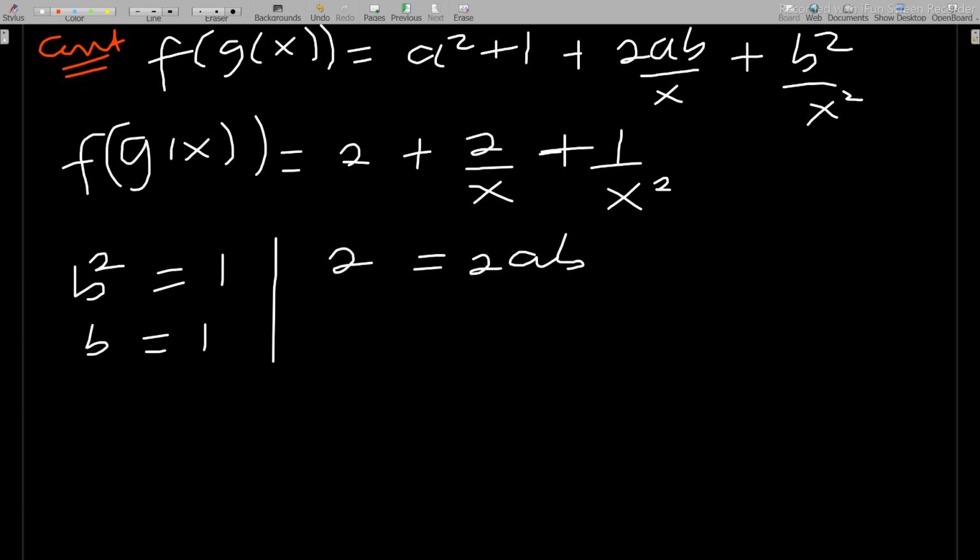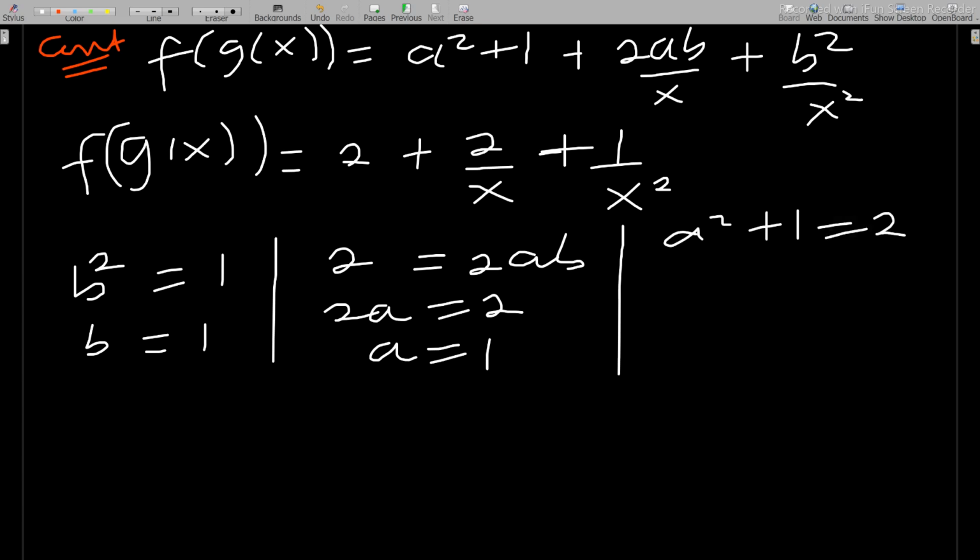So it means 2a is equal to 2 and a is also equal to 1. Okay, this is very simple. You can also use the other way, that a squared plus 1 should be equal to 2. That is, this part should be equal to this part. You will have a squared equal to 2 minus 1, so a squared is equal to 1. Square root of both, so I have a equals 1. So indeed a is also equal to 1.